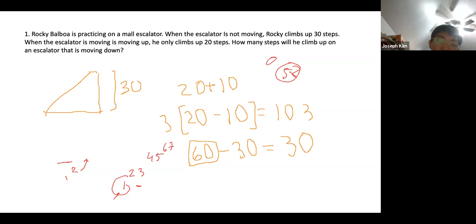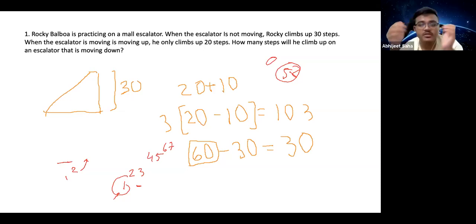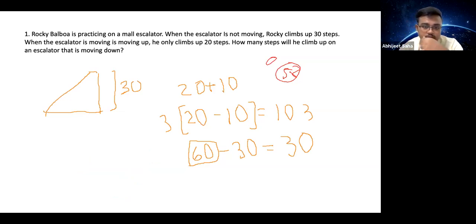So then he's traveling at 1.5 times the speed. So then you would divide by that and you get 20. But then when the escalator is moving down, he would get half of his speed cut off. So his speed would be 0.5 as much as the original. So you would need to double the amount of steps to 60. That's a way to do it with rates, I guess.